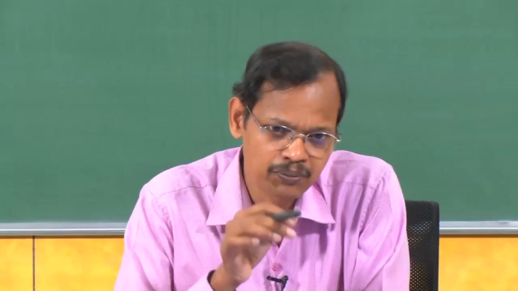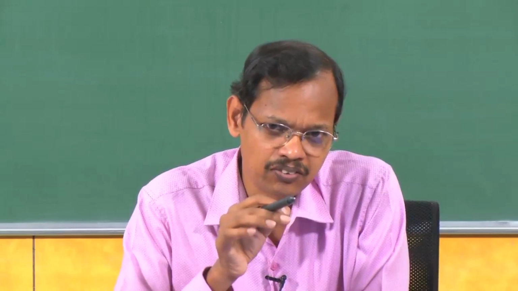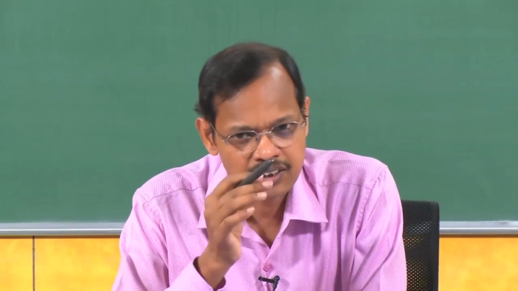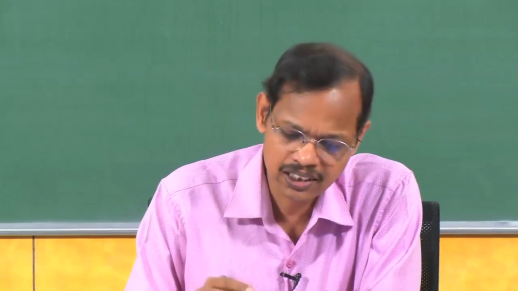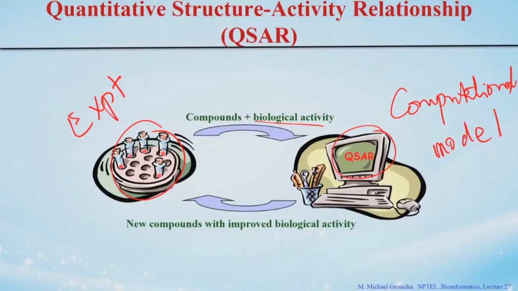The main principle of QSAR analysis is whether we can explain the biological activity of the compounds in terms of other properties of the ligands, physical, chemical or electronic properties and so on.